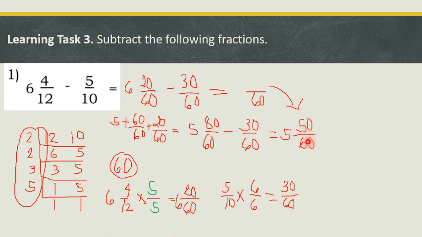So, sila po ay pwedeng i-divide natin sa 10. So, para makuha ulit ang common factor, naghahanap tayo ng GCF. Okay, so yung 5, kopyahin lang natin yung whole number. Then, 50 divided by 10 is 5. 60 divided by 10 ay 6. So, kaya final answer natin dito is 5 and 5/6.